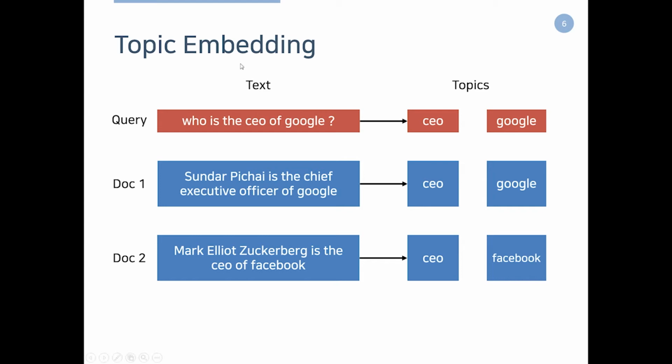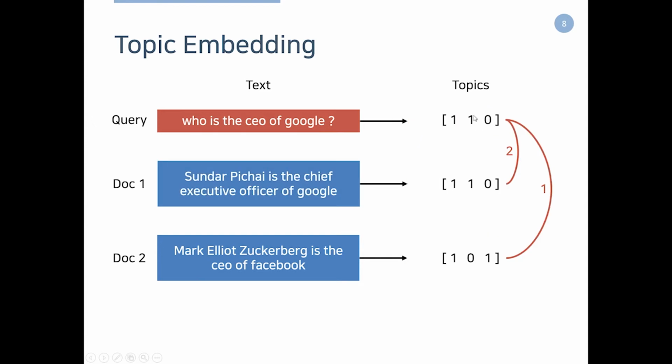As you can see, document 1 has the same topics as the query, however document 2 does not, and chief executive officer becomes the CEO topic. Therefore, in topic space, we can correctly select document 1 as the answer.